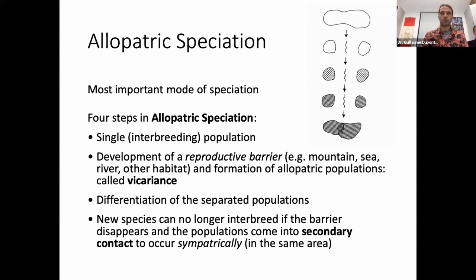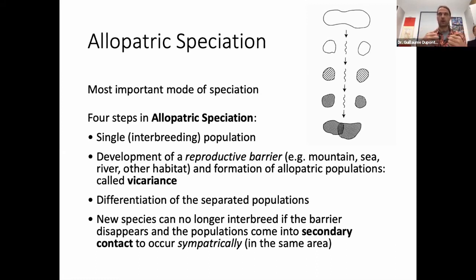It simply says at the beginning, as you see on this figure here, you have one population, an interbreeding population. And then you separate this population by some environmental or some either physical or other kind of barrier, which we call a reproductive barrier. So these populations are split and gene flow ceases.